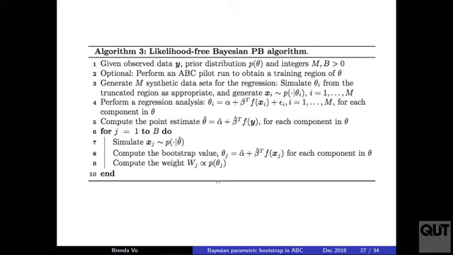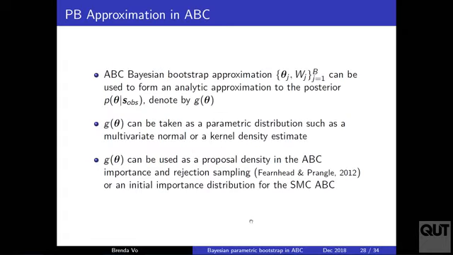The bootstrap replicas theta j with the weights wj will be used for the next step in the ABC algorithm. So we use theta j and wj's to form the initial or importance distributions in ABC, and I use that for both ABC importance sampling and SMC ABC.